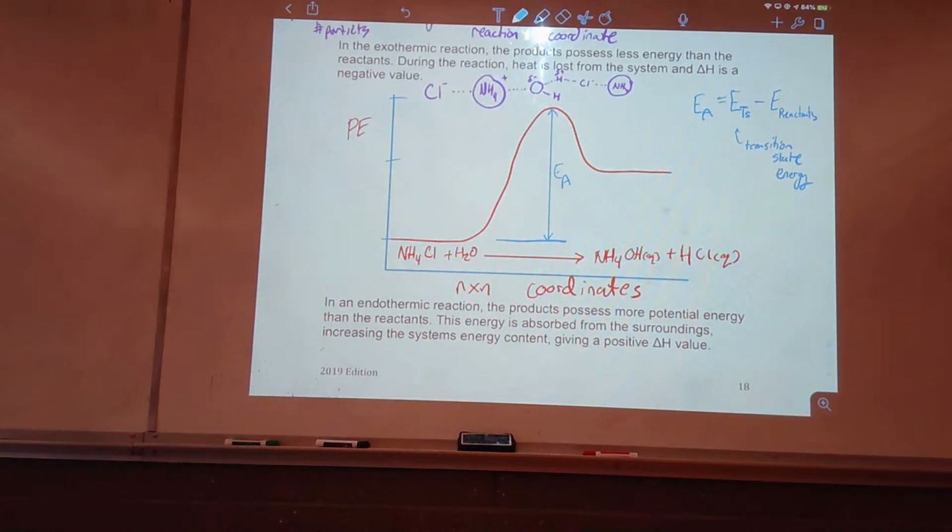Okay. Notice here that we have an increase in potential energy. Potential energy has gone up. So the change in energy, also known as the change in enthalpy, has gone up, which means that we have a positive value. It's over 0. And so this is what's known as endothermic.